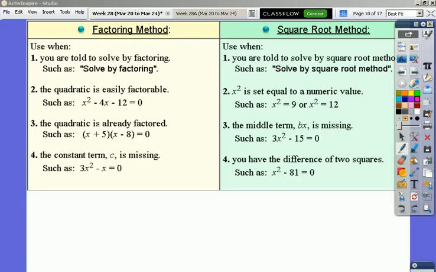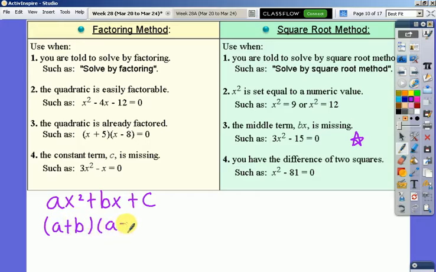Here, this is a big one. Whenever the bx term, that middle term, is missing. So in standard form, we said that our polynomials are ax squared plus bx plus c. That you need to remember. 3 really big things you need to remember. ax squared plus bx plus c is our standard form. Another one, a plus b times a minus b.